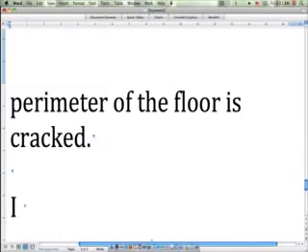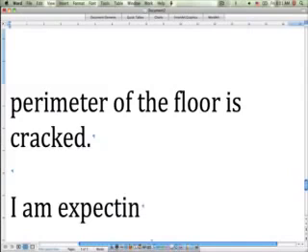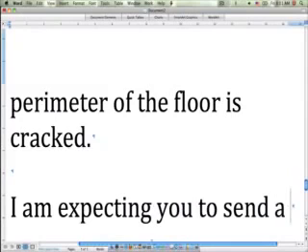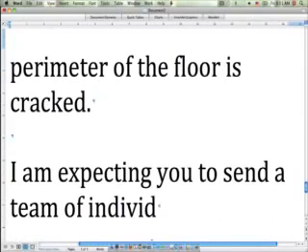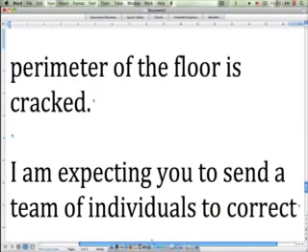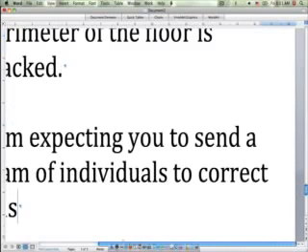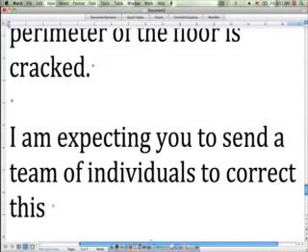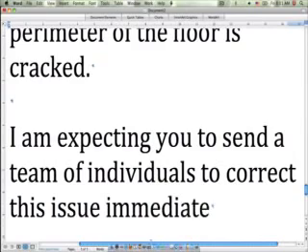So here we would write perhaps something like, I am expecting you to send a team of individuals to correct this issue immediately.